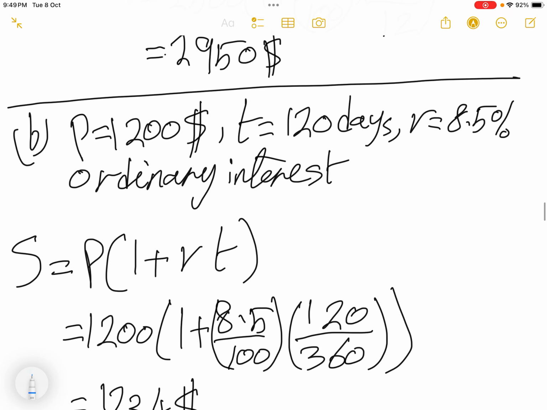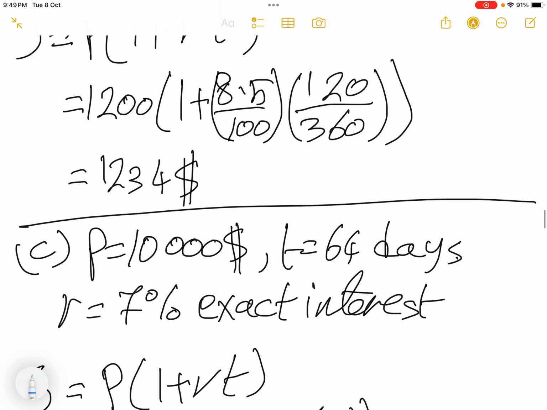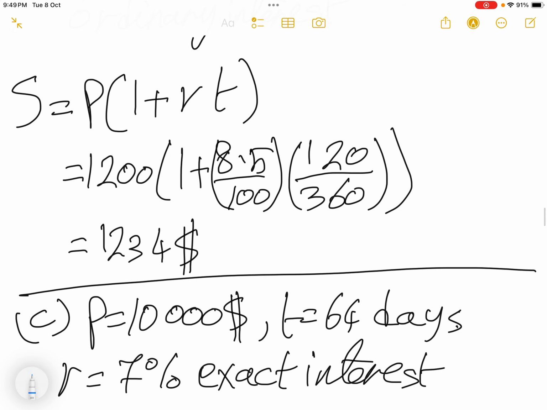B, B equal 1,200, T 120 days, R equal 8.5% ordinary interest. S equal 1,200 multiplied by 1 plus 8.5 over 100 multiplied by 120 over 360, which is 1,234. Always notice S is always greater than B.